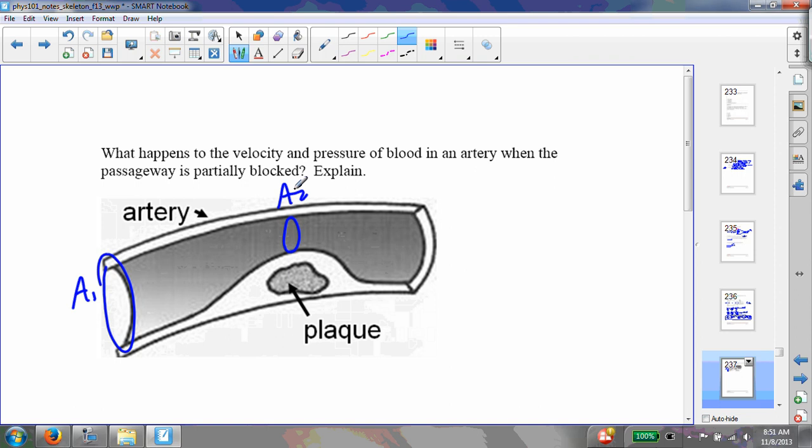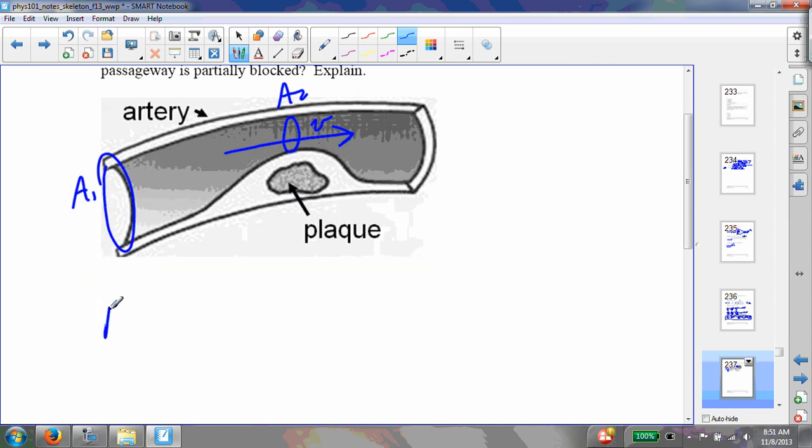From the equation of continuity, I know that the velocity here has to increase. So I have a big velocity. Now, if I write my Bernoulli's equation, I can also find out something about the pressure. I'm going to leave off that rho gh because they cancel out because my height here is the same.